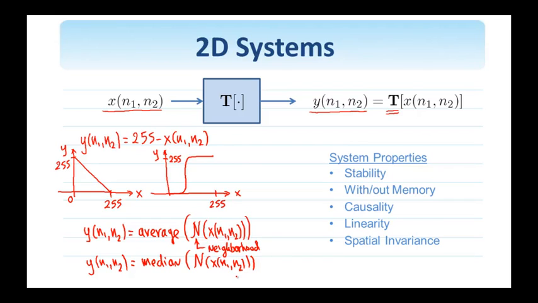And out of all these 5 properties, we are going to focus next on systems that have the last 2 properties. We'll be referring to them as linear and spatially invariant systems. They are quite useful, are used very widely, and it's relatively straightforward to describe such systems both in the spatial domain as well as in the frequency domain.